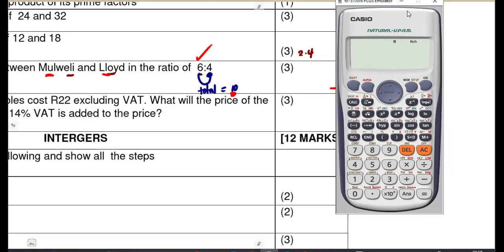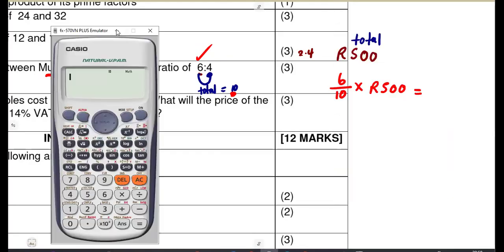So this is our condition here that I want us to understand very much. It is very important.